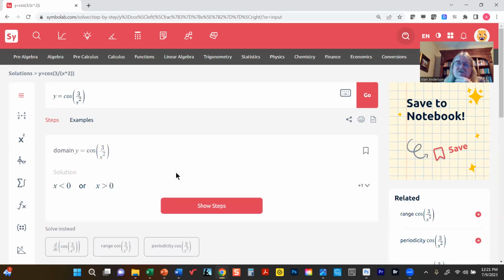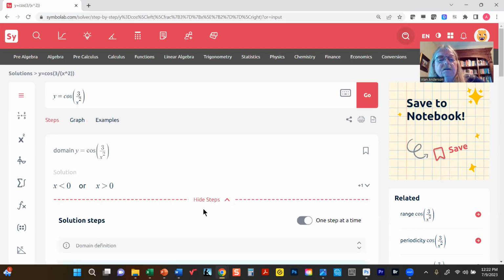Now, my suspicion is that this one is not convergent at all because the cosine goes through a series of repeated waves.